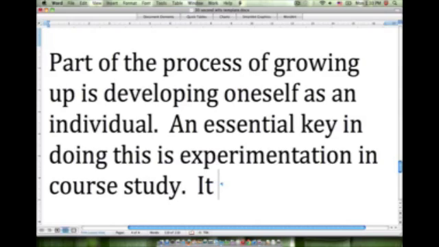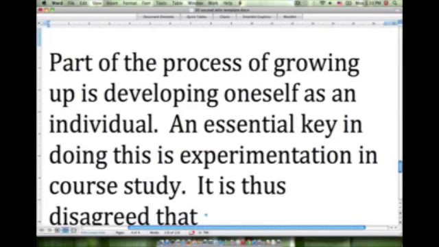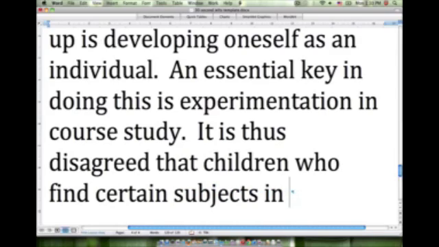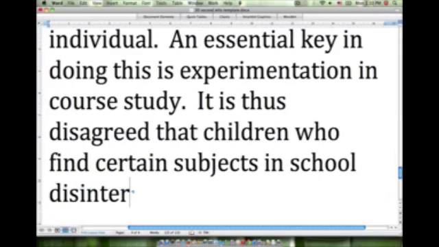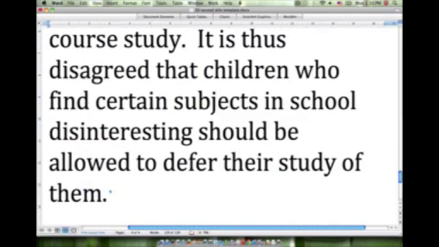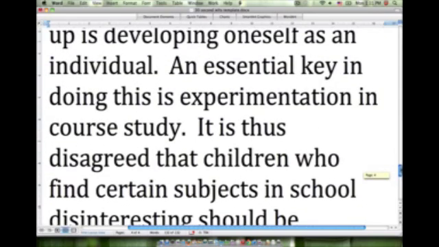So maybe we would say something like: it is thus disagreed that children who find certain subjects in school disinteresting should be allowed to defer their study of them. Okay.